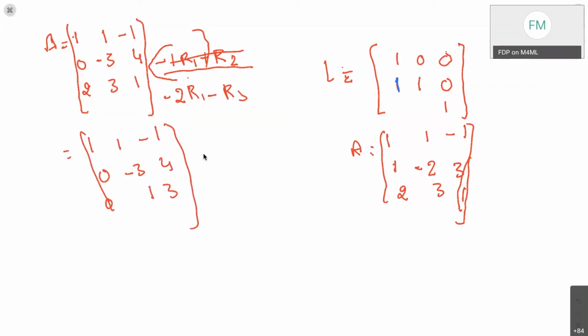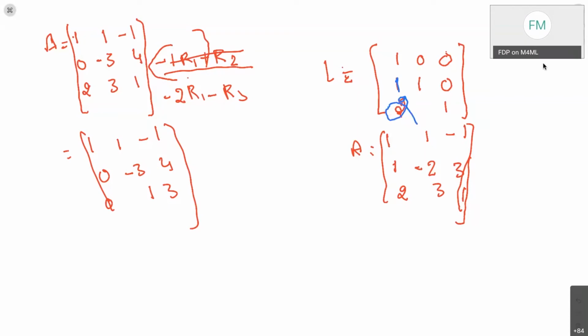So I'll get one more value for L, which is 2.